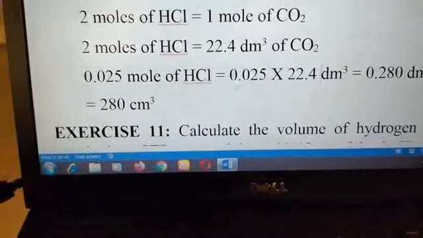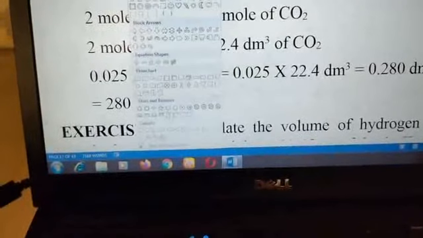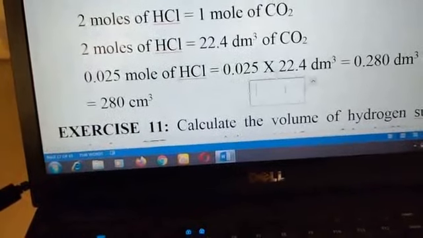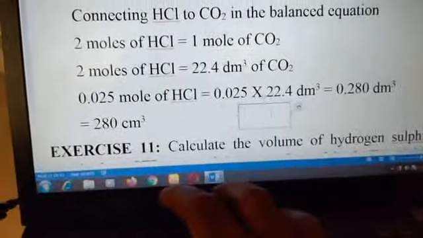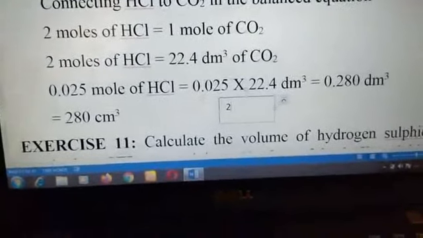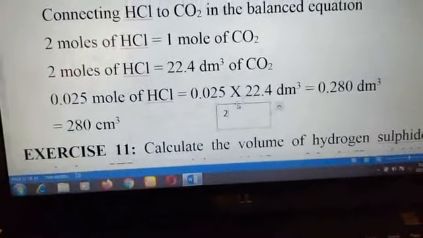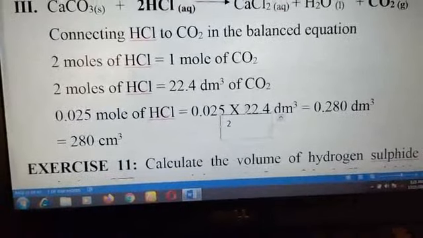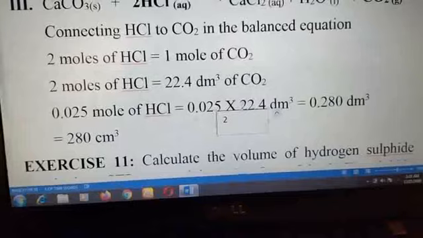So there should be 2 underneath. Let's put it there. There should be 2 under this expression. Okay, that is right.